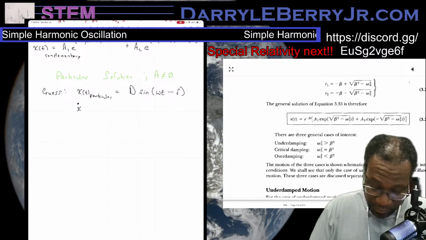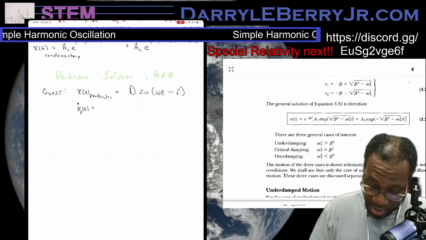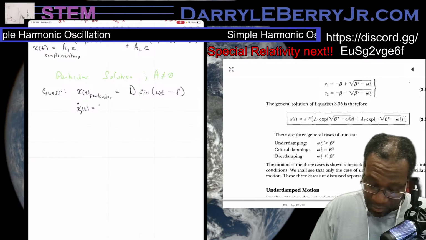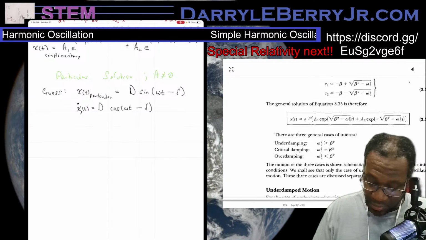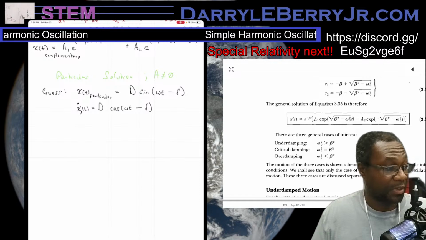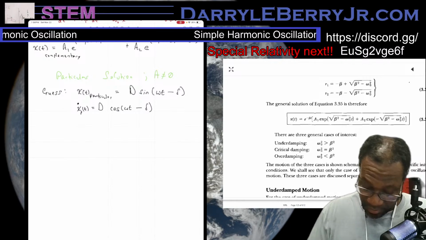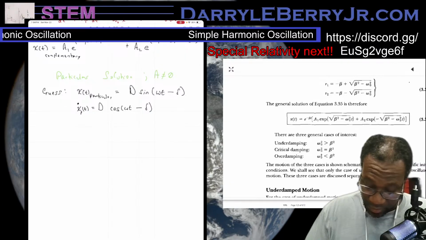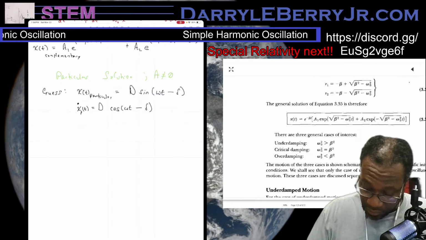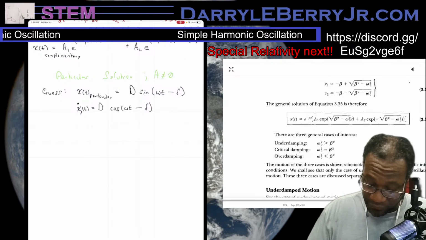So x dot of t equals, so now we have D cosine omega t minus delta. So we have to take the derivative of, and one thing I'll point out as well, by the way, this omega does not have a subscript zero on it because it's a driven frequency.